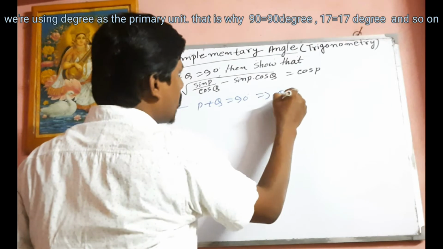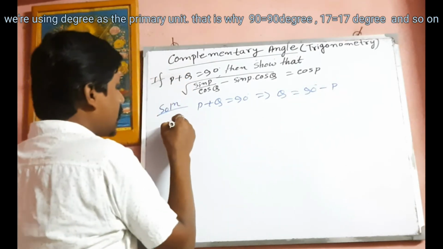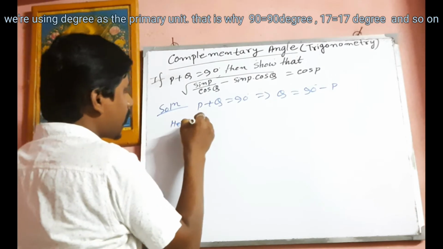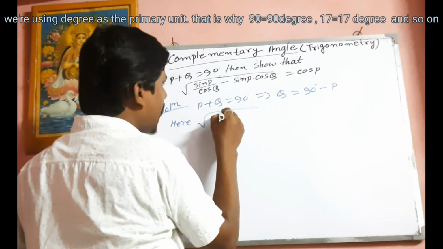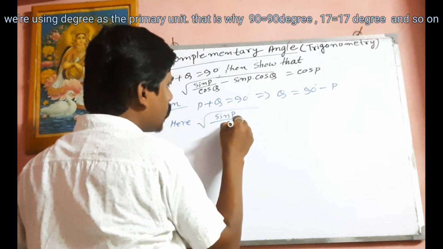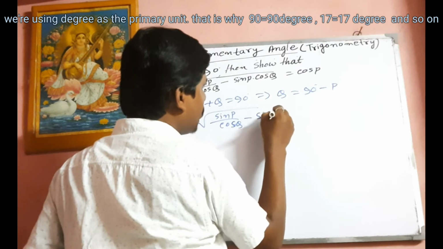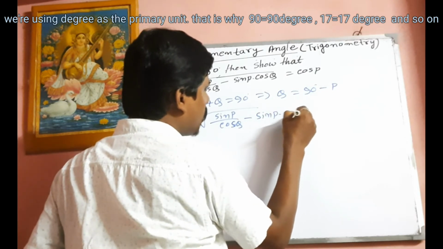So q is equal to 90 degrees minus p. Here root under sin p by cos q minus sin p into cos q.